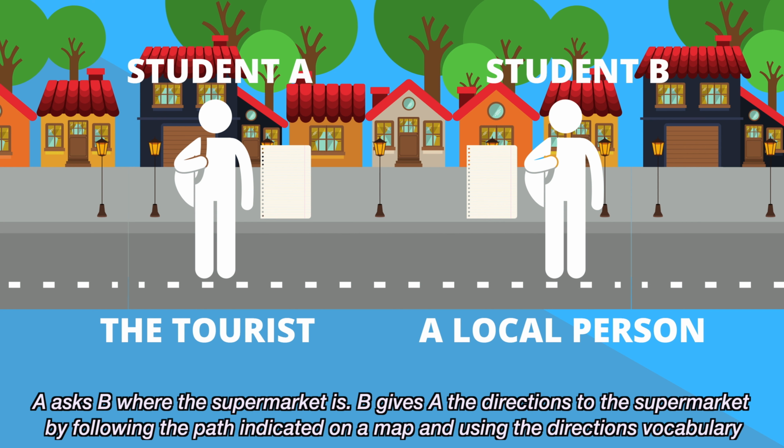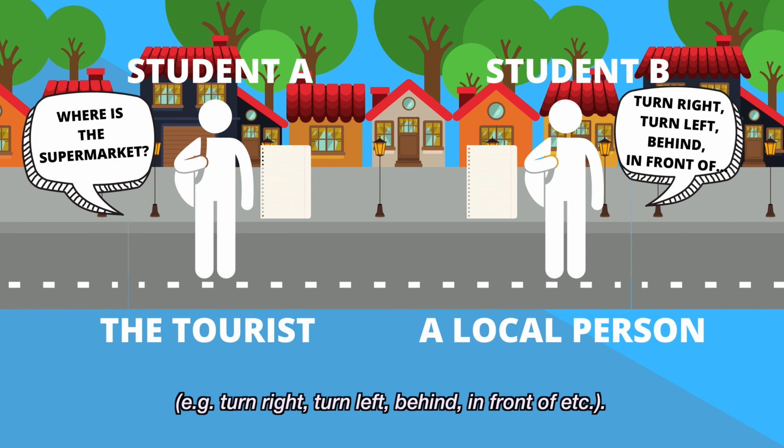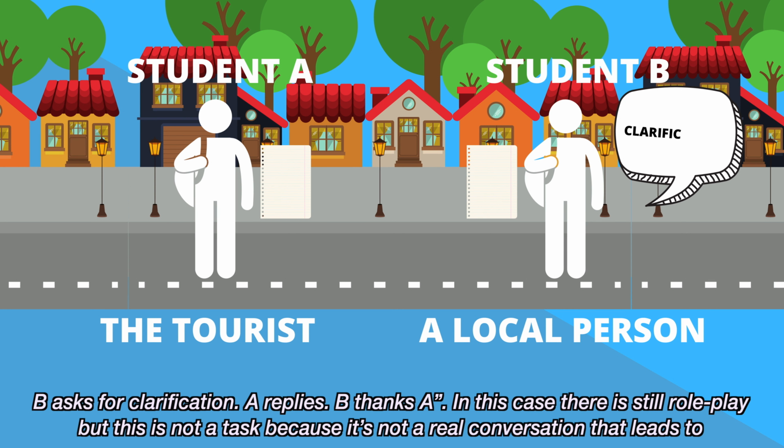A asks B where the supermarket is. B gives A the directions to the supermarket by following the path indicated on a map and using the directions vocabulary. For example, turn right, turn left, behind, in front of, etc. B asks for clarification. A replies.